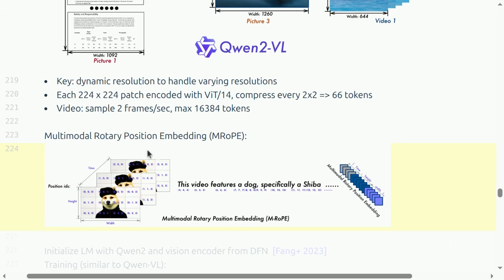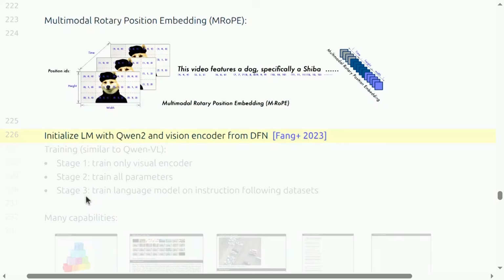Now the multidimensional version is essentially the same thing, except now you have 3D: height, width, and time. So each patch is now a triple defined by its coordinates. And then to compute the M-RoPE, for every dimension you compute the RoPE, and then you concatenate. Okay, so it's a fairly straightforward idea, although later with Qwen3, we'll see how this is actually a bit suboptimal.